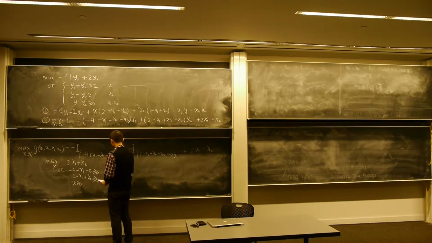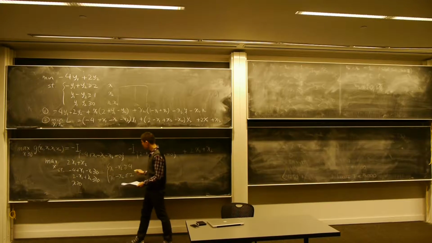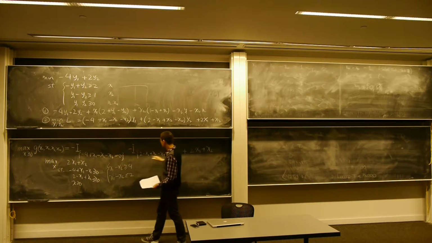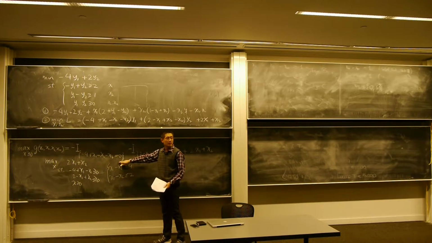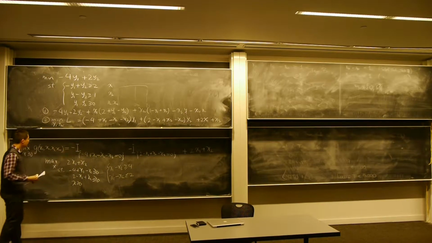This is x1 minus x2 is greater or equal to 4. Right? These are equivalent constraints. And you can see that these constraints cannot be satisfied. What that means is that you can't have these two established at the same time. So the dual problem will always give you a negative infinity.